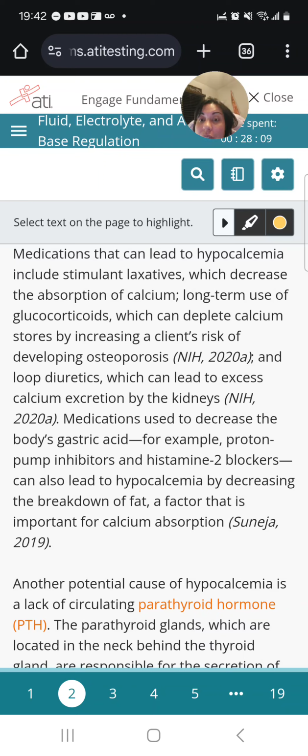Medications used to decrease the body's gastric acid, like proton pump inhibitors, PPIs, and histamine 2 blockers, can lead to hypocalcemia by decreasing the breakdown of fat, a factor that is important for calcium absorption.